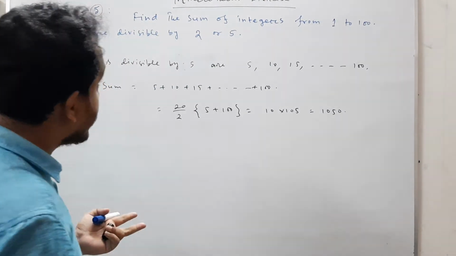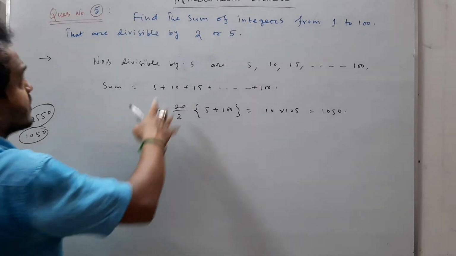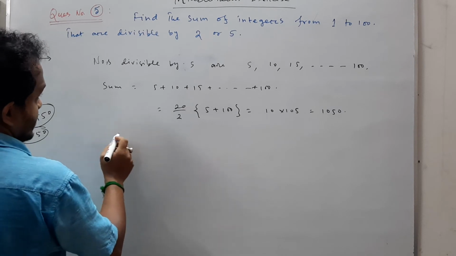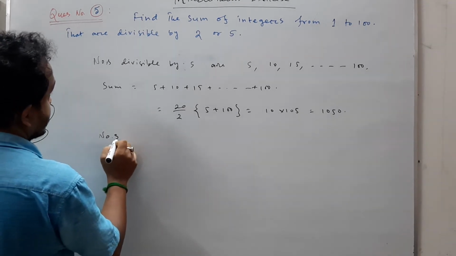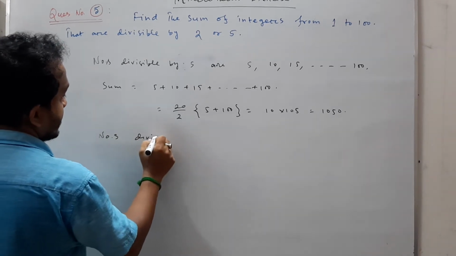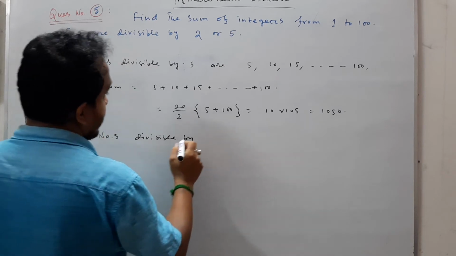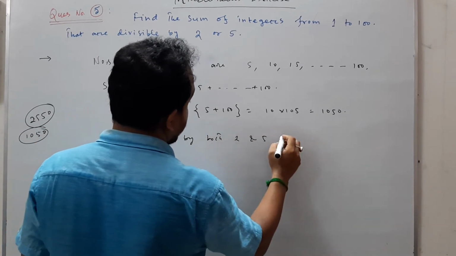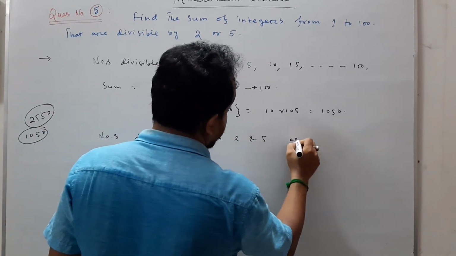So we have to consider these numbers which are divisible by both 2 and 5.